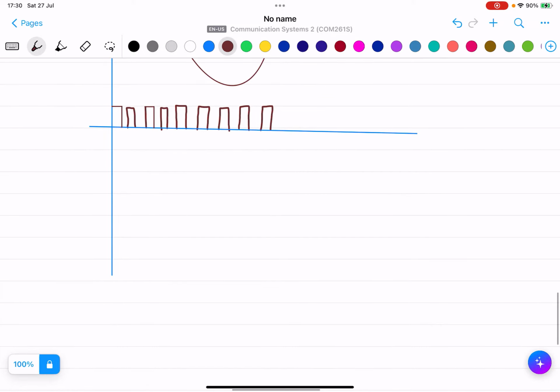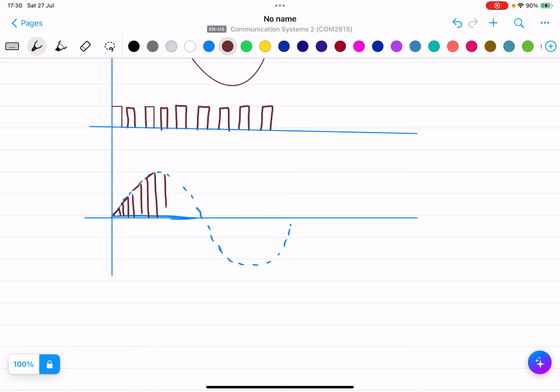Next is your sample signal. I explained how to make the sample signal: you just make the dotted one, and then you make this one.